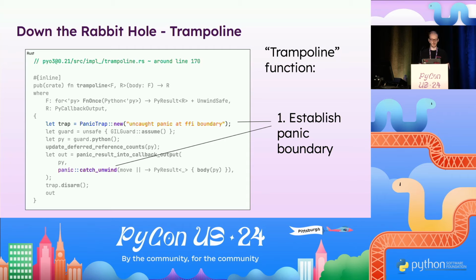So if this were Python code, you would do with panic trap as trap, and then indent everything. But in the same way, when we exit this scope, the trap will exit. Except we call trap.disarm a little bit lower down, and then it's all okay again. And the idea is that if a panic were to ever cross inside that space between trap and trap.disarm, then we would abort the program to never allow that crossing into the Python interpreter.